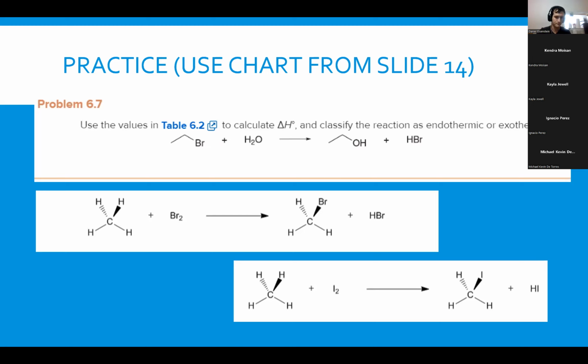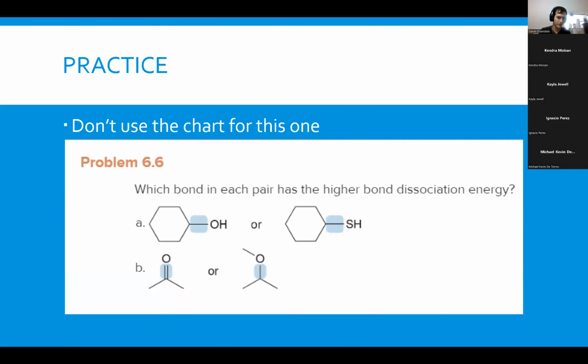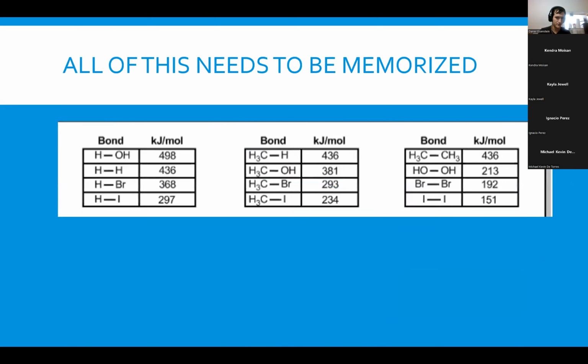Okay, just do A. Feel free to look at this chart, okay?